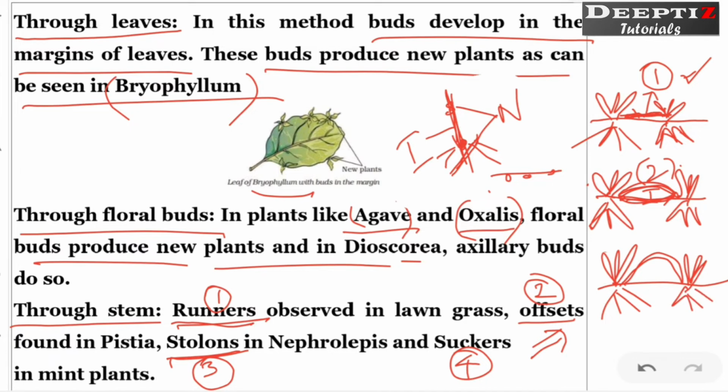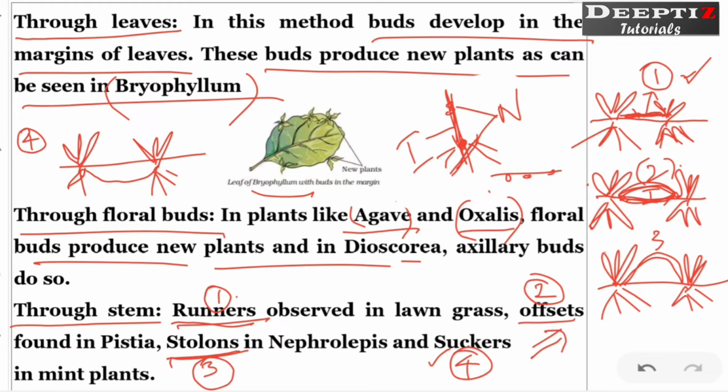So this is the third one, and the fourth one I am drawing here. Suppose this is the soil and the fourth one is sucker. Here is the plant, and sucker is bent like a stem, but it is an underground stem. So through stem, plants propagate in four ways.